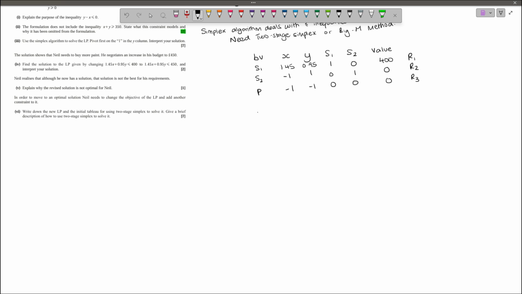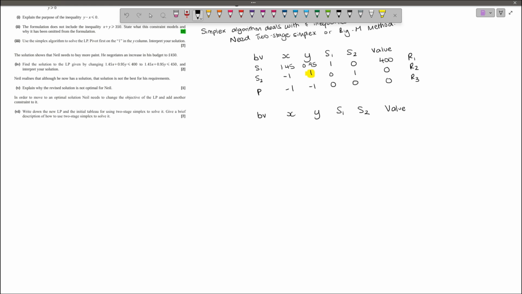So I'm going to create a new table: basic variable, x, y, S1, S2, and value. And the second row, which has my pivot value, 1. Well, this second row, I don't need to do anything to it. My pivot value is already 1.